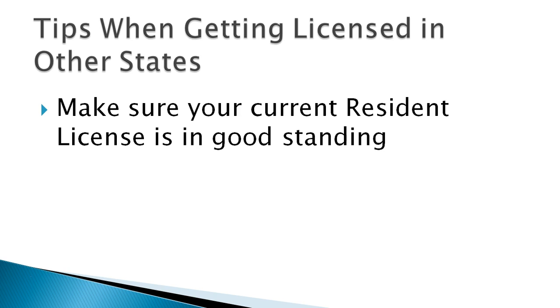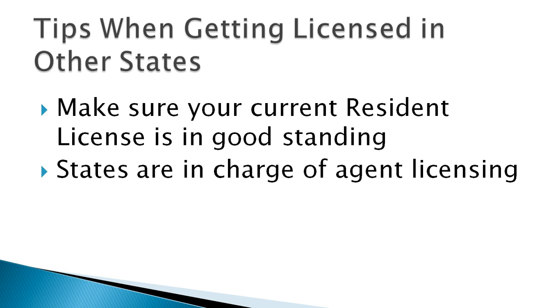And depending on the states and how the reciprocal agreements work, sometimes it's just as simple as applying. Sometimes there's a few other hoops you may have to jump through. You may have to get another background check of some sort, or fingerprinting or something along those lines. But you can usually look on the state's websites, or on the NIPR website, to see what the requirements are. But first off, you want to make sure you're at least in good standing.